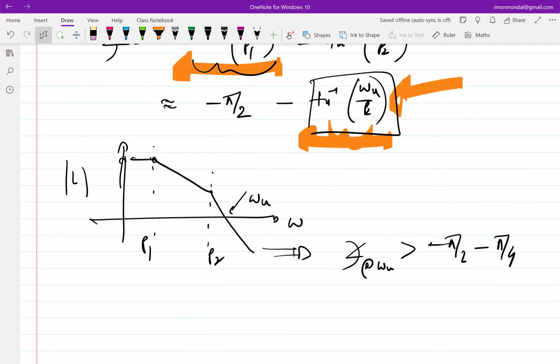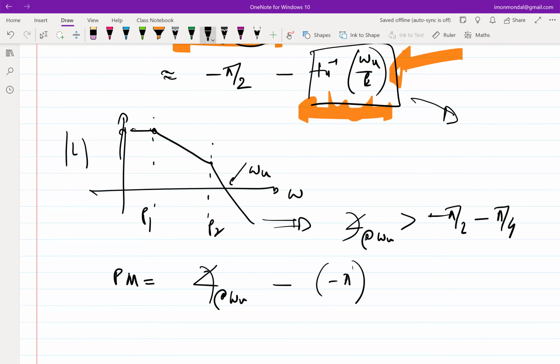So if this is the case, then that is why these concepts of phase margin come into picture, right? So now what is the phase margin for this particular case? So phase margin is phase at omega u minus of minus pi, right?